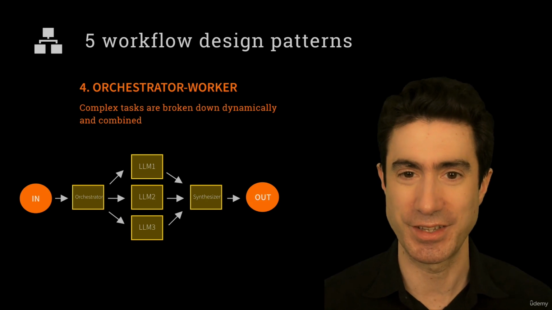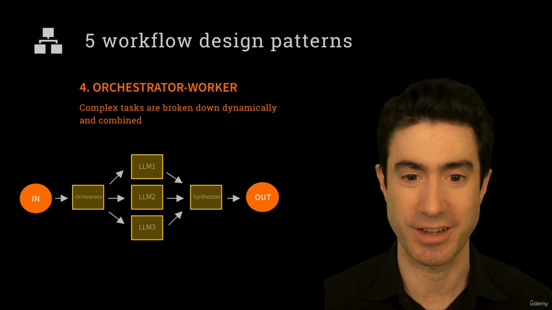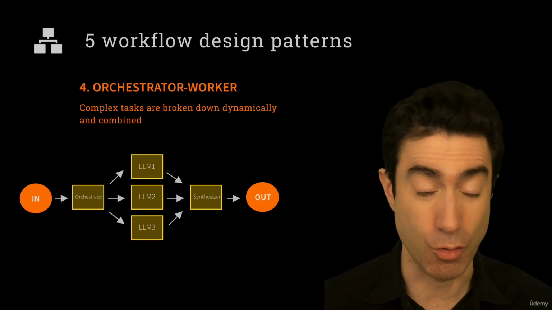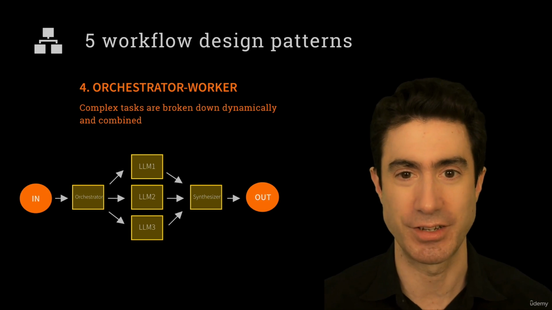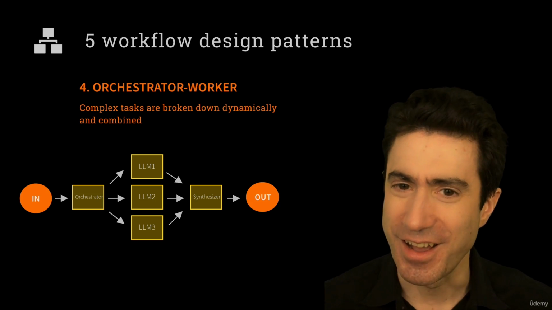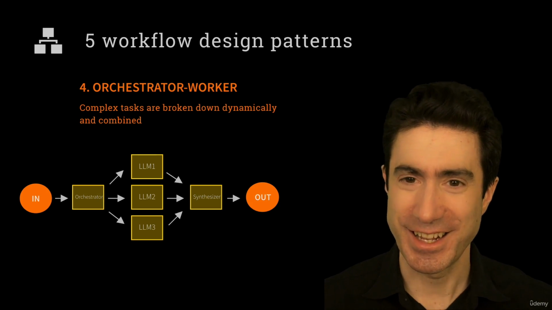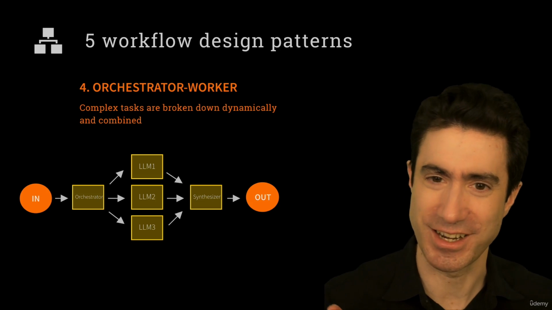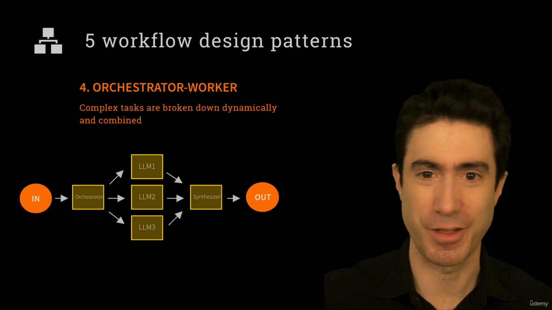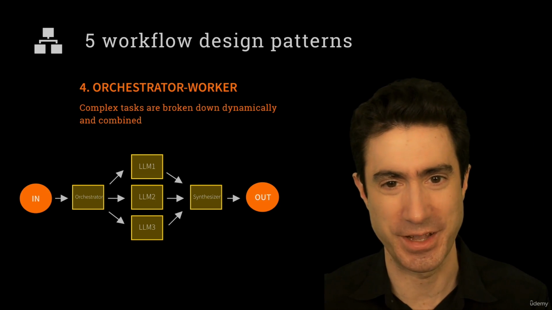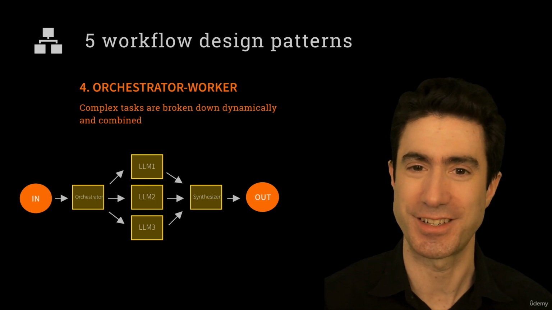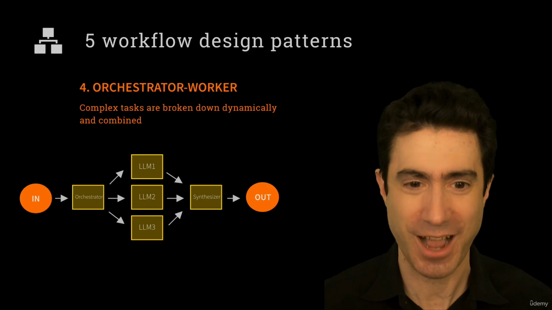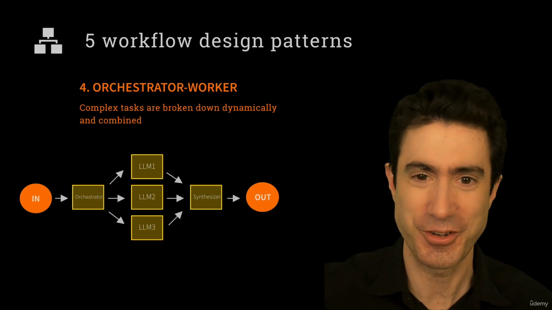And so this is a much more dynamic kind of system where the orchestrator can choose how to divvy up the task. And again, I would argue that it's quite artificial to categorize this as a workflow rather than an agent pattern that we'll look at in a minute, because clearly that orchestrator has discretion over how it divvies up the tasks, and it could choose how many different LLMs get assigned the activity.